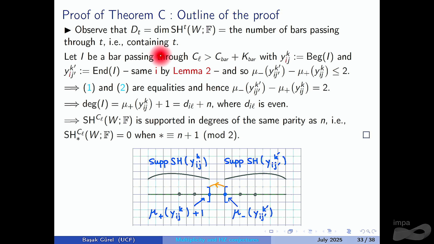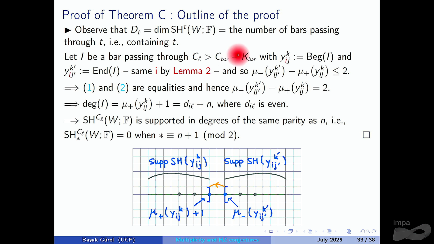And then let me denote by y_ijk the beginning. Remember, in the beginning of this argument I told you that there is a way to assign orbits to the beginning of a bar and the end of a bar. So let's denote y_ijk the beginning of the bar and then y_ij'k' the end of the bar. Here the I's are the same because these bars are in fact happening within the same cluster by my lemma 2.